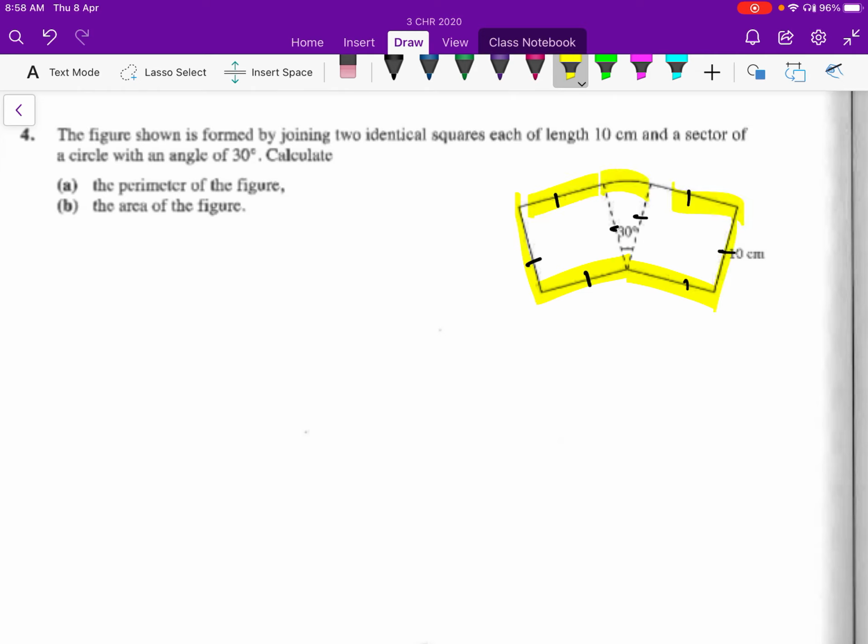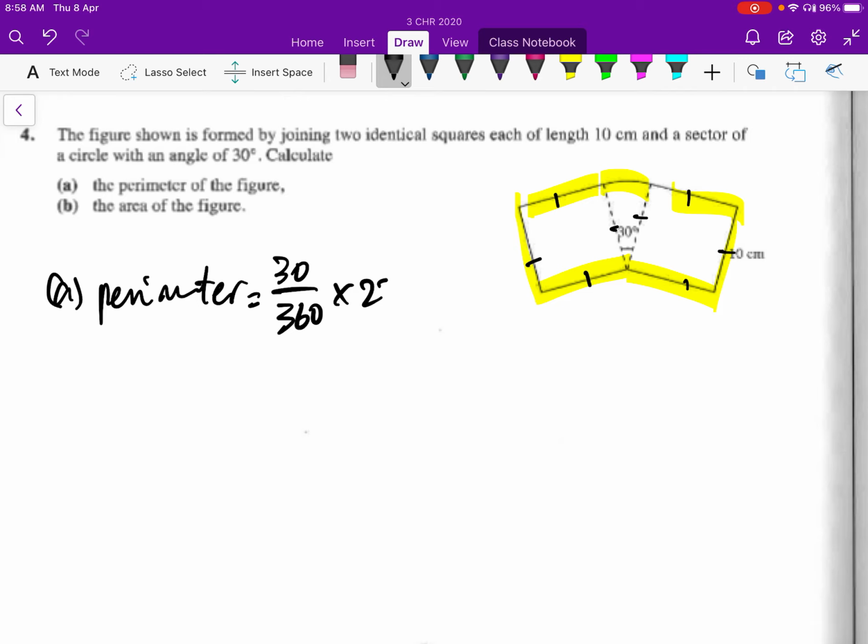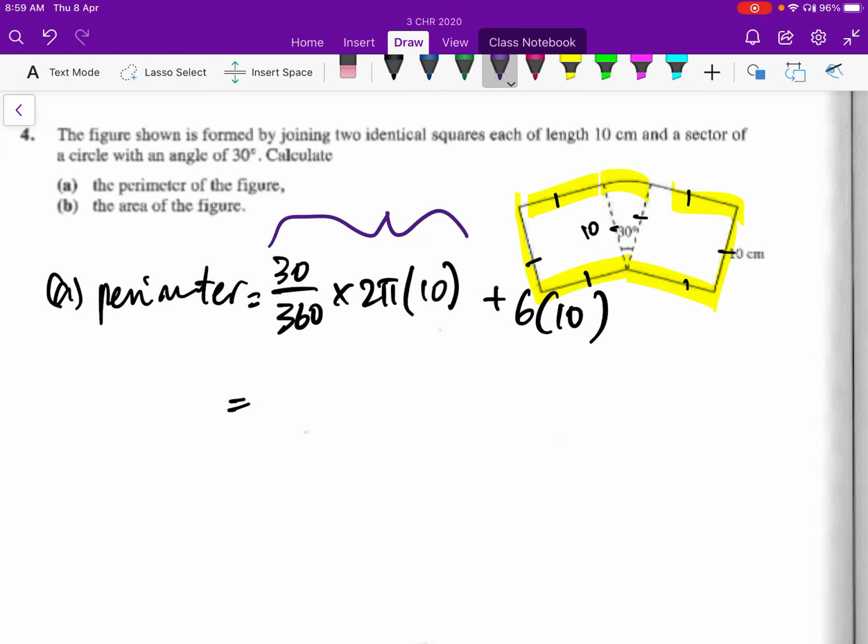So there are a few parts to it. Part A, perimeter. We have the curve first. So the curve is 30 over 360 times 2 pi radius, where the radius is 10. This is for the arc. Then you plus so many 10s. 1, 2, 3, 4, 5, 6. 6 tens. This portion is the arc length.